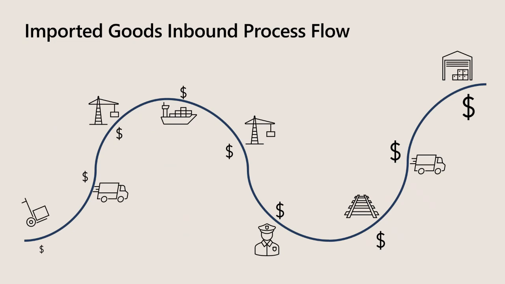Also might then get loaded onto a train or a local transport as well to arrive at the warehouse. So you can see throughout this graphic that cost may be getting incurred for those goods throughout that journey. So what a landed cost provides is that complete view of not only purchase price, but all of those additional costs that may be added to the cost of those goods. So it gives you a complete view of profitability or overall cost for those goods that are sitting in your inventory.